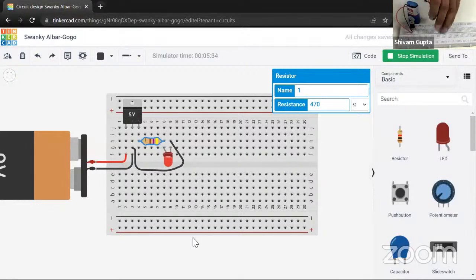So I will be connecting the positive leg below the wire on its terminal. So what I've done, the legs of the resistor are in line.